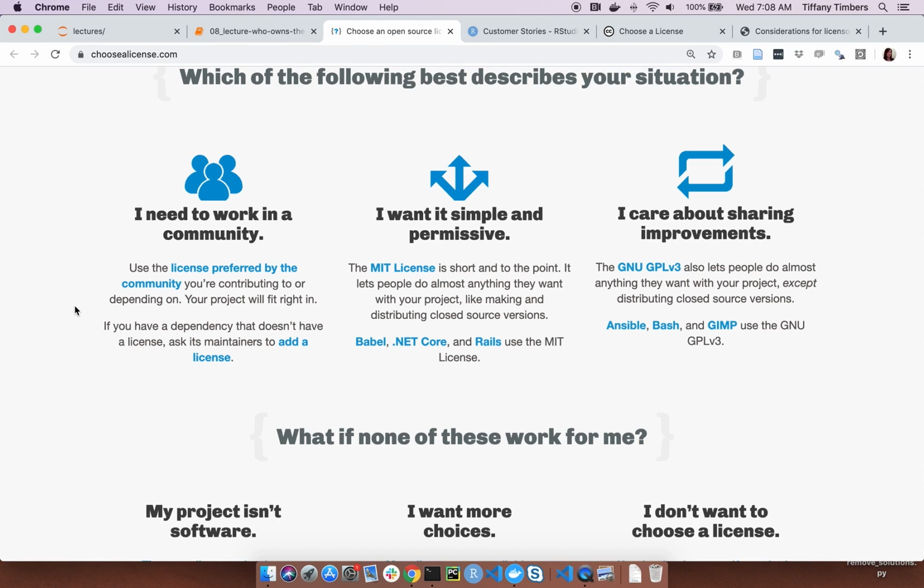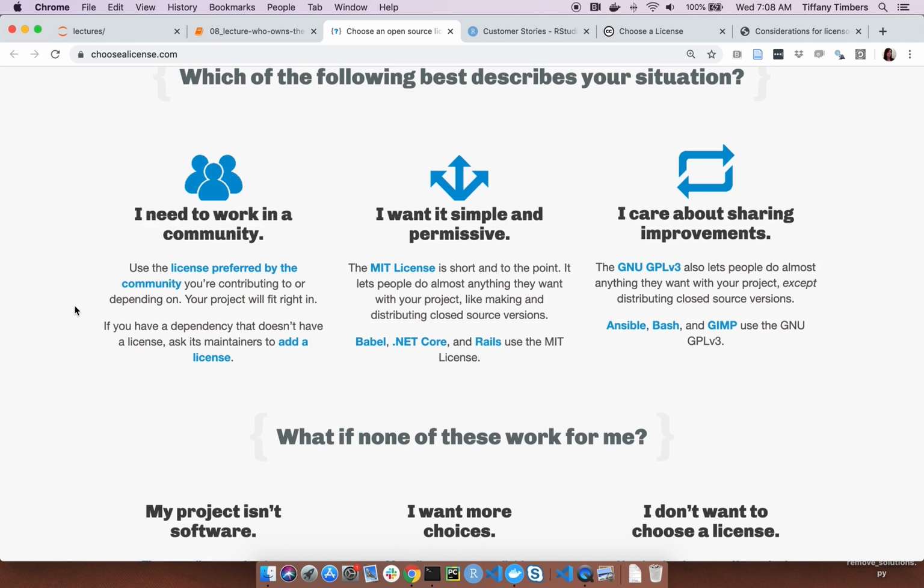And that is basically the advice that they give you on this website, and that's the advice that I would agree with as well. It's kind of similar to the advice that if somebody asks me what programming language should I use for data science, I don't say R, I don't say Python. I ask them, well, who are you working with and what do they use?